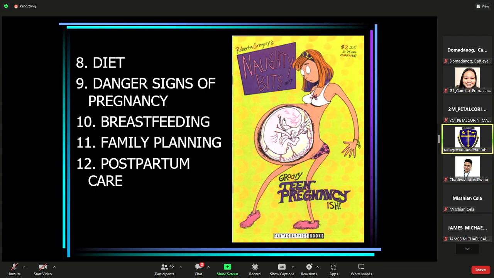Pero that is not supposed to be kasi nalalagay sa danger yung mother natin. Kasi yung muscular layer ng ating uterus, hindi pa siya masyadong strong. Alright? So the mother can have a complicated pregnancy na tuloy.